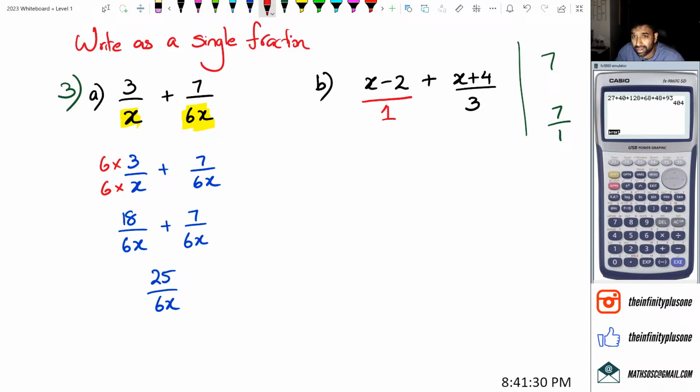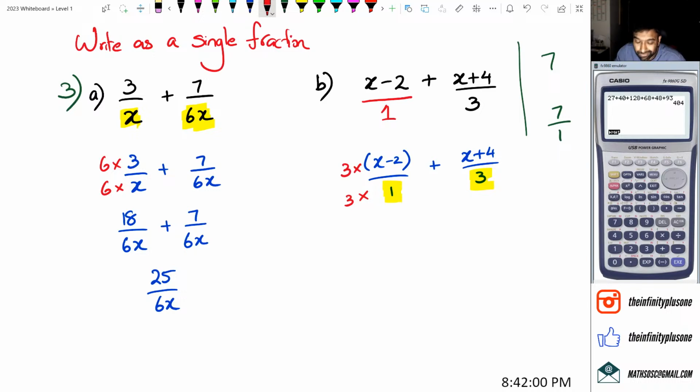This is the most key part, because if you get this, you can move on straightforwardly from here. So we put x minus 2 in a bracket over 1, plus x plus 4 over 3. Now we have to convert this 1 into a 3, and to do that we multiply the denominator by 3 and the numerator by 3 as well.